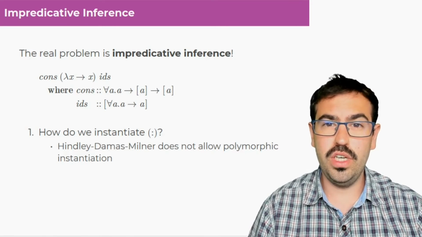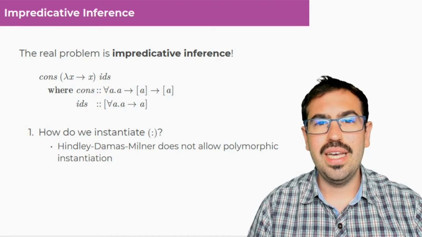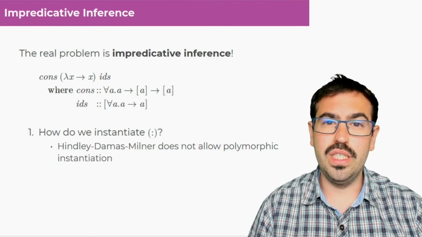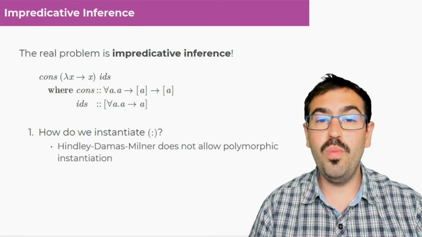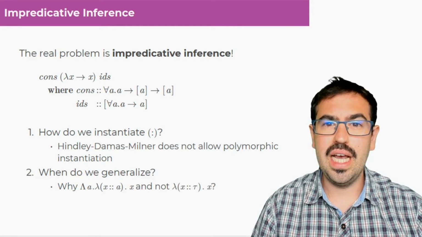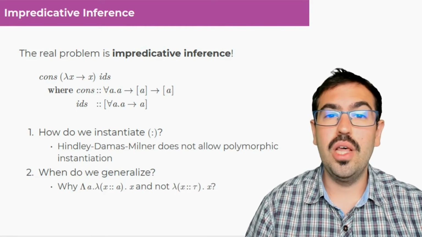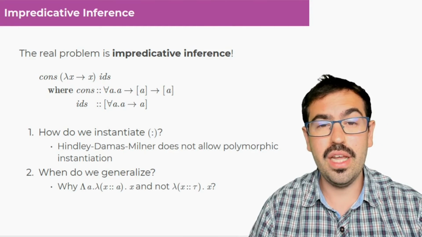But there are several questions. First of all, how do we instantiate the cons? Hindley-Damas-Milner, for example, which is one of the best known inference algorithms, does not allow polymorphic instantiation at all. The second question is, how do we choose to generalize? How do we know that we have to have a big lambda exactly at the point we need it and not somewhere else?